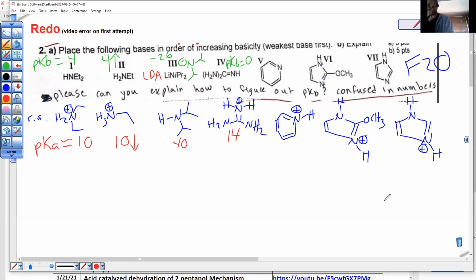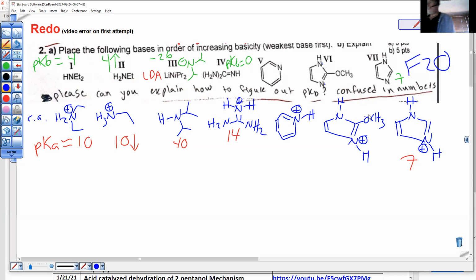And then the next best are the imidazoles. So just remember pKb, pKa 7 for both the imidazole. We don't have to write pKa. All the reds are pKa's. 7 and pKb 7. Now this is going to be part of my answer here.